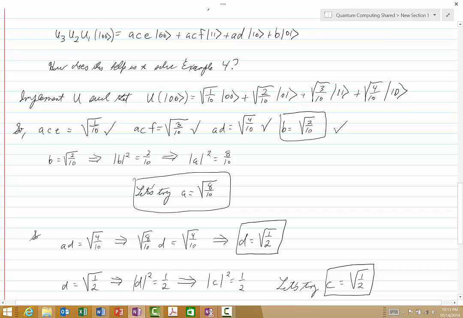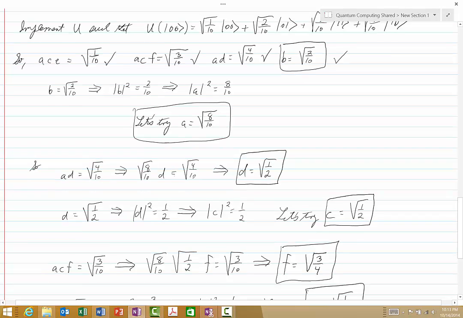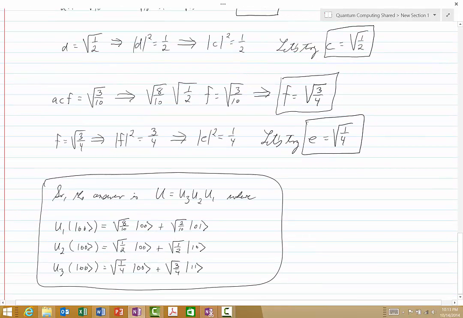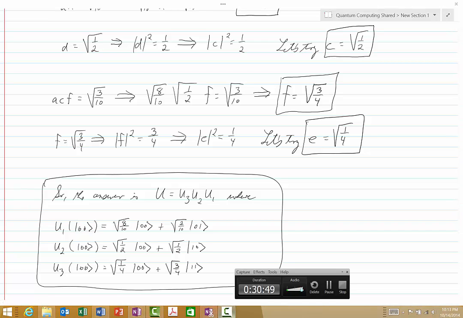Where it will take any other vector, we don't know, and really we don't care, because that wasn't part of the problem. We just wanted to find a unitary transformation that would have this effect on the 0, 0 state, and this one that we have found will have that effect. And notice that since it is a product of two-level unitary transformations, we could easily find this circuit. So that's the first approach.